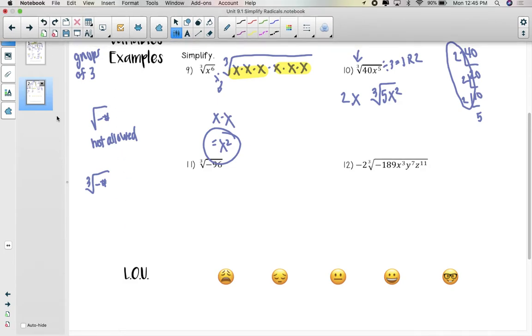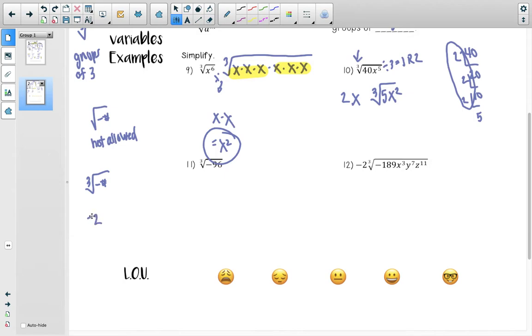Let me do it better. So if I had negative 2 cubed, it comes out as negative 8. So if I wanted to go backwards, I'd have to go to a cube root, and that would get me that answer. Okay, so negatives are allowed, but not with square roots. There's so many different ways to explain it, but that's just one of them.